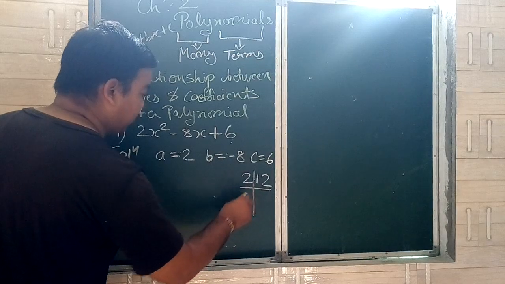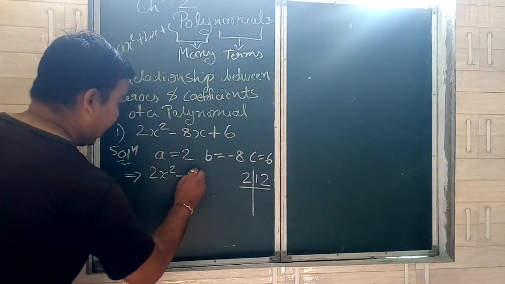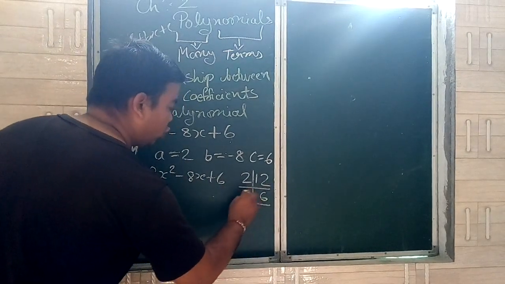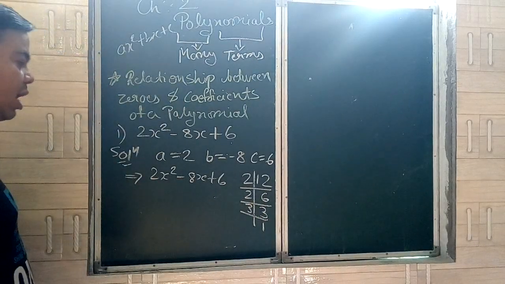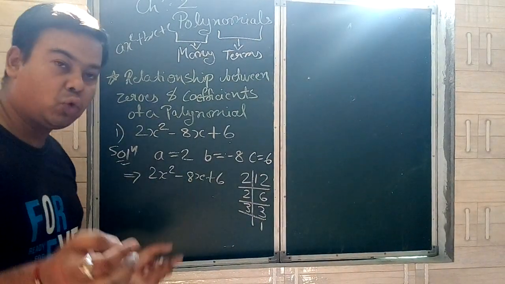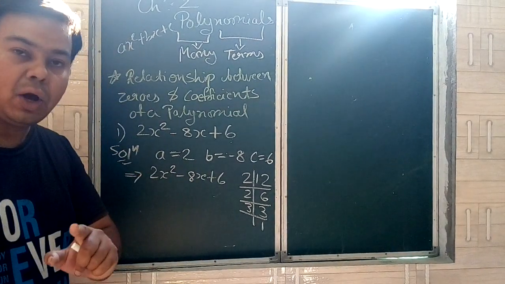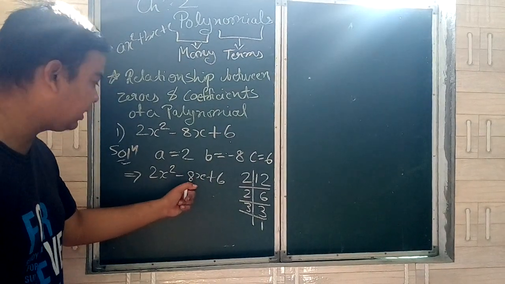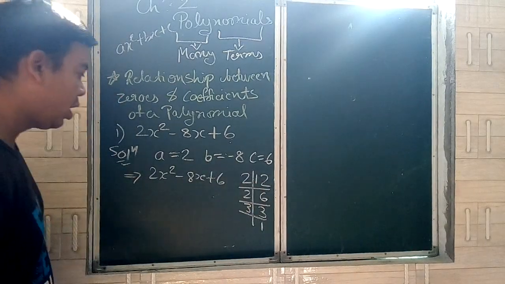So now split up 2x square minus 8x plus 6. 2 into 6 is 12. Now we want two integer numbers that we add or subtract to get our middle term, this minus 8, and multiply to get 12.